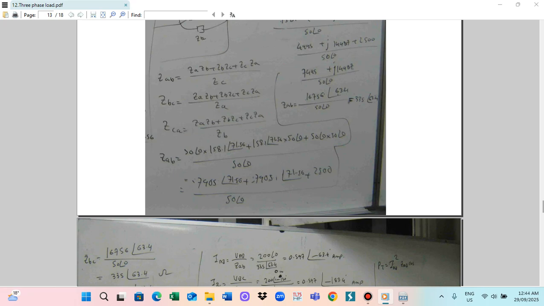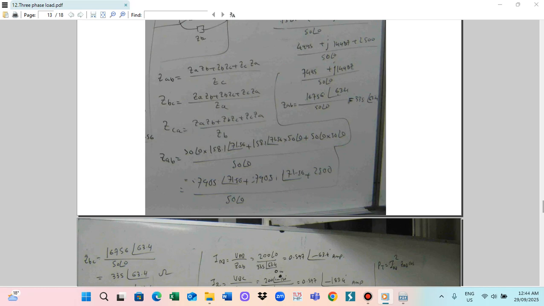So then we already got this AB, BC, and CA, so that we can redraw the circuit diagram here. So this becomes ABC. So this becomes the AB. ZAB is 335 angle 63.4, and this is ZBC.